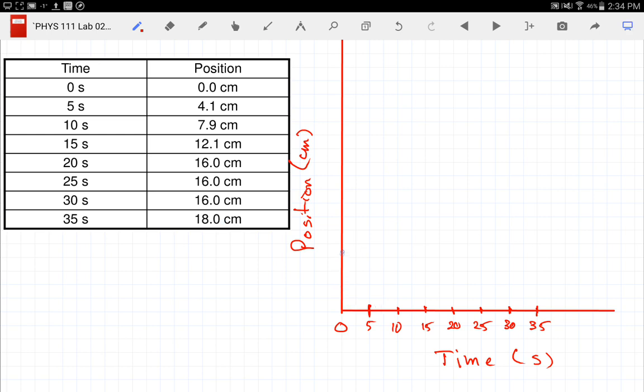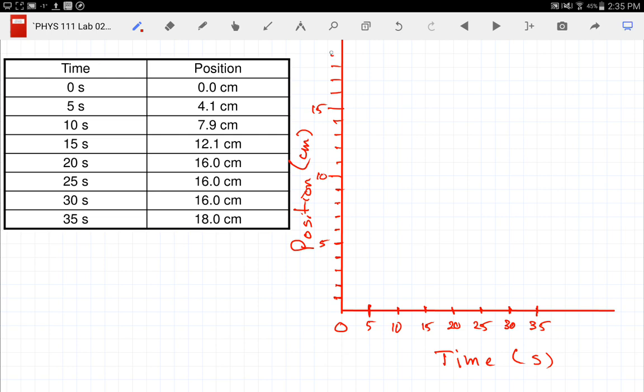I think I can go by ones. Okay, the top one is 8.